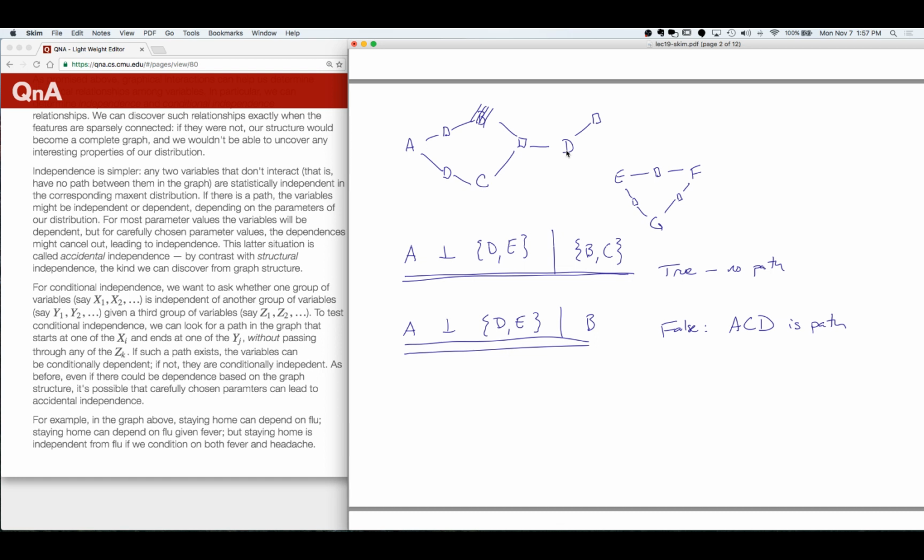For example, we could put 0 weight on some of the features that are represented along this path. So that sort of independence that happens despite the graph structure is called an accidental independence, to distinguish it from a structural independence, which holds no matter what the parameters are, just given the particular graph structure that we've put together.